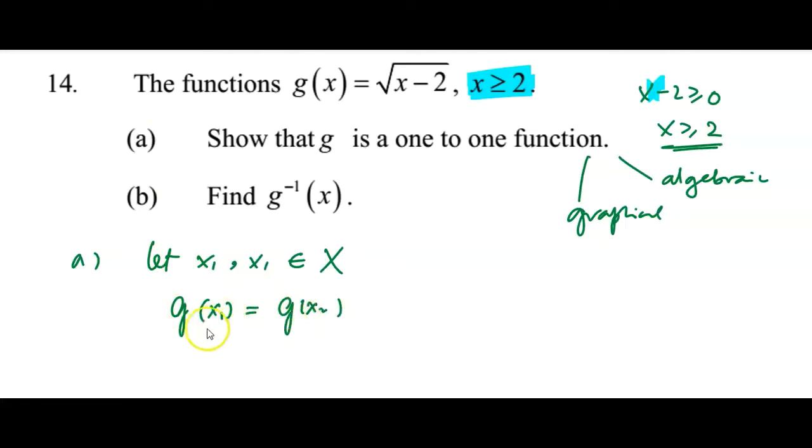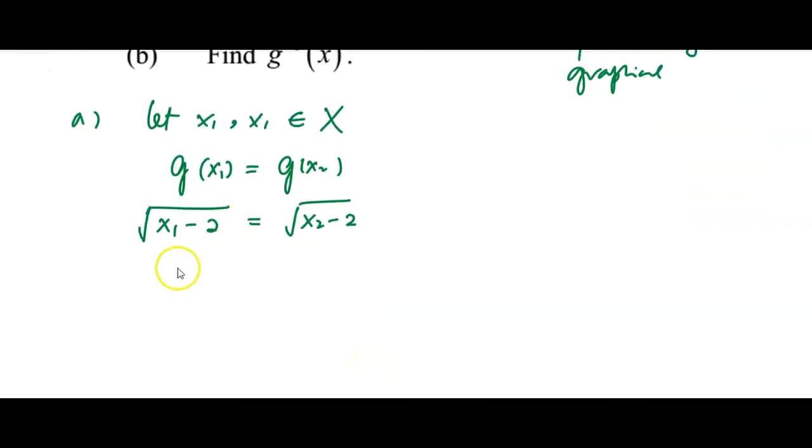What does g(x1) mean? It means we substitute x1 into the function, that is, you get the square root of x1 minus 2. And g(x2) means you substitute x2 into the x here, producing the square root of x2 minus 2. Then square both sides, you will have x1 minus 2 equals x2 minus 2. Add 2 to both sides, and you will obtain x1 equals x2.